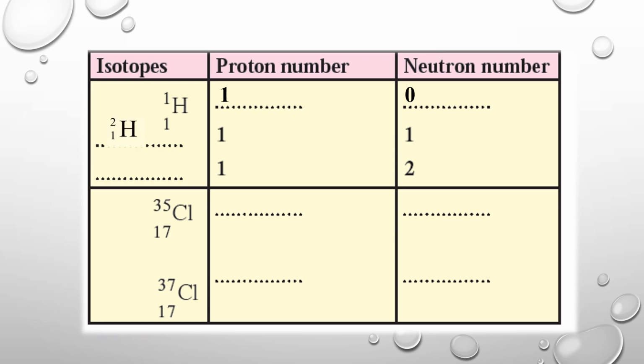So this will be written as 2H1. How did you get this 2? You've added proton and neutron because this superscript is atomic mass number. Mass number is proton plus neutron. So 1 plus 1 I did, that I got 2. And my subscript is nothing but the proton number directly. So proton number they gave as 1, so as it is you're going to write.